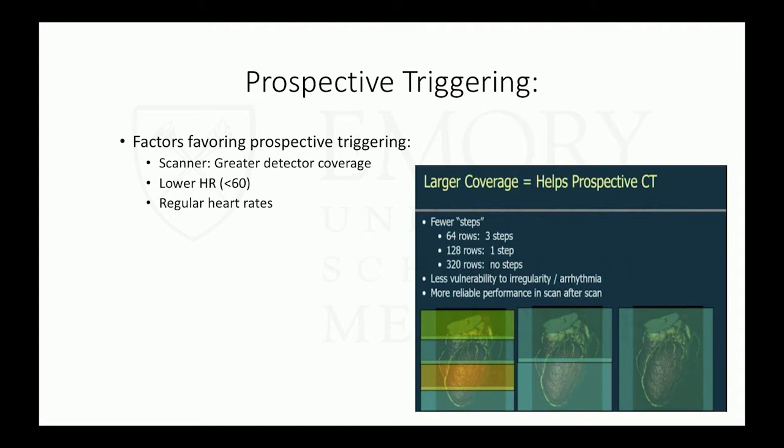So the factors that favor prospective triggering, again, are having greater detector coverage, where in one beat you've scanned the entire heart, lower heart rates, where you're getting that sweet spot in diastole to image the heart, and regular heart rates.